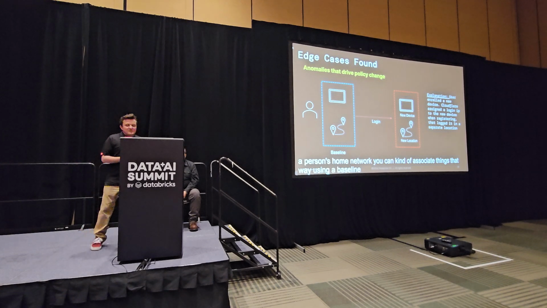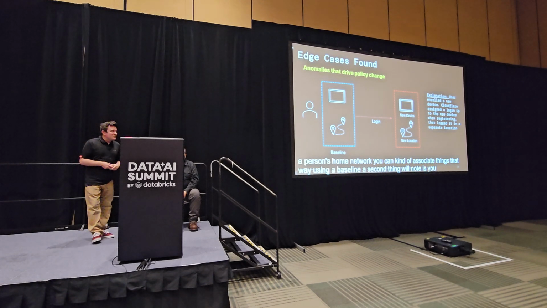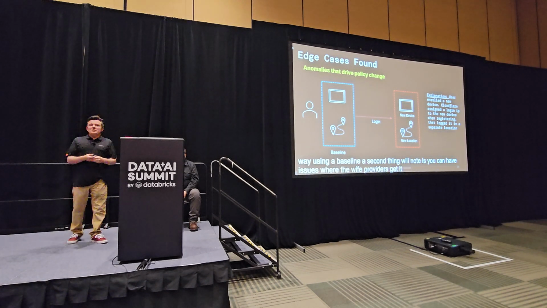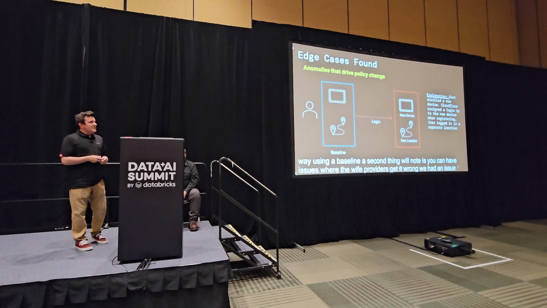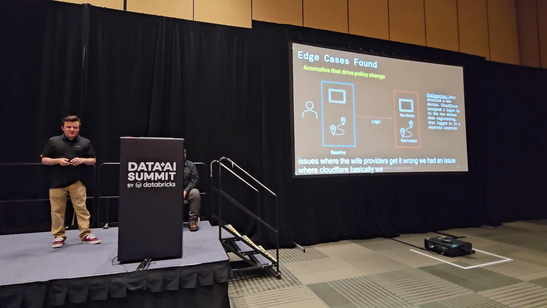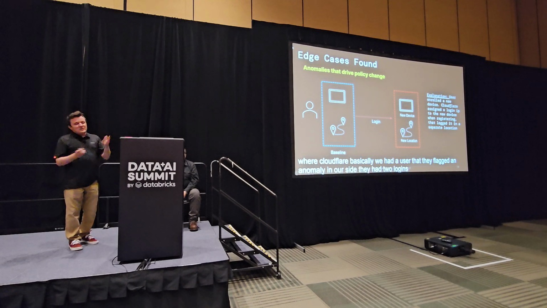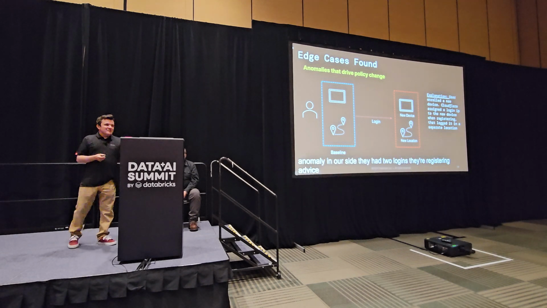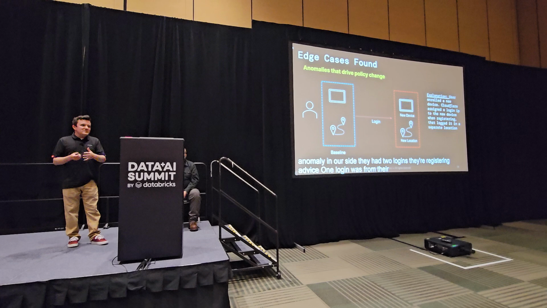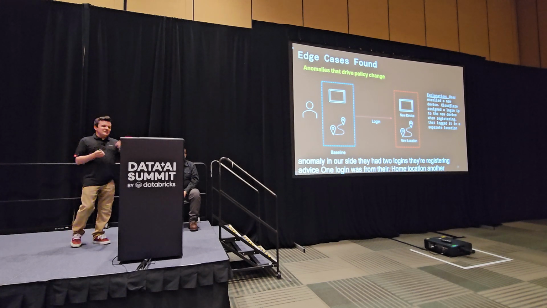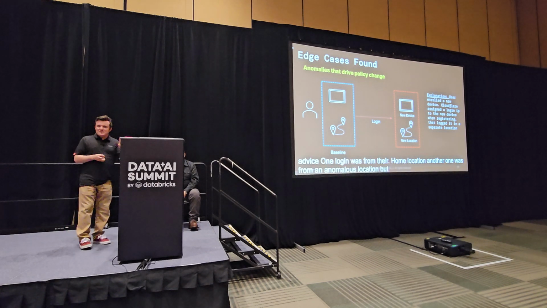A second thing we'll note is you can have issues where the WAF providers get it wrong. We had an issue with Cloudflare where a user was flagged as an anomaly on our side. They had two logins while registering a device. One login was from their home location, and another was from an anomalous location, but the IP address was the same.